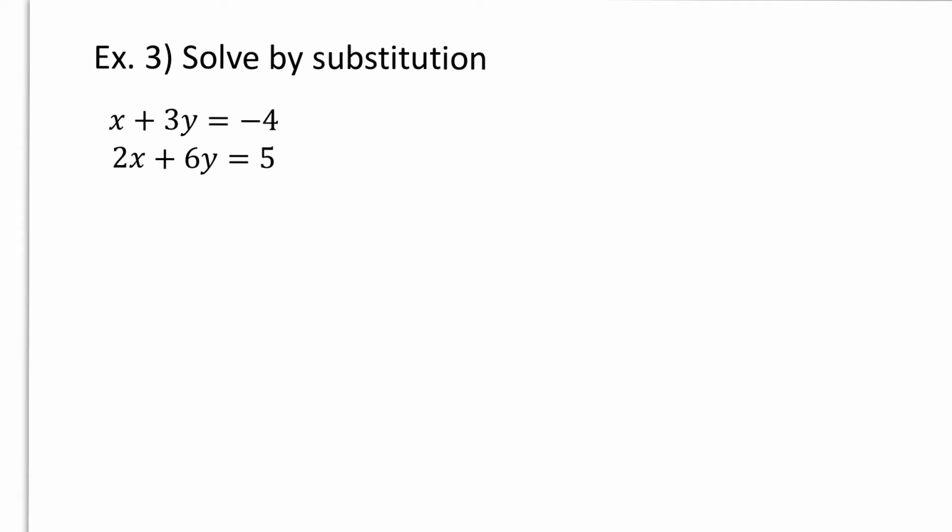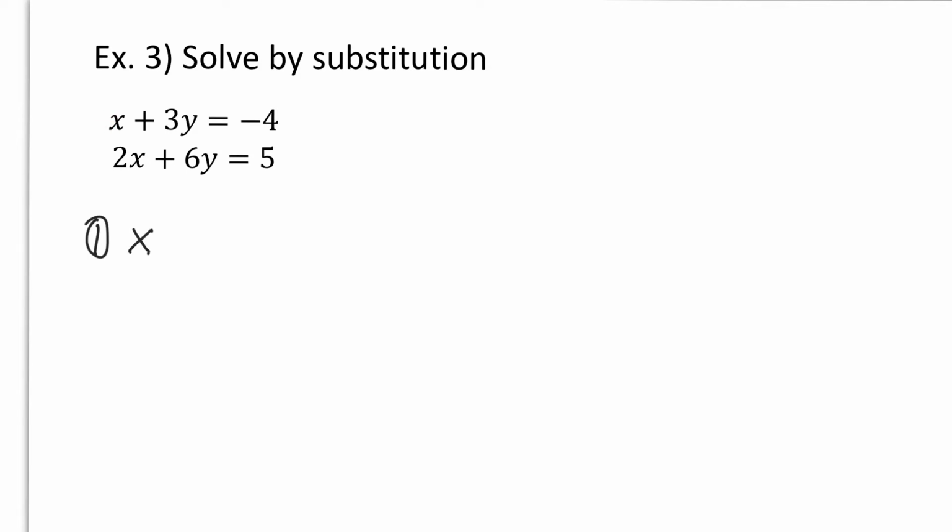So you start just like the basic steps that I showed you, and also showed you in the previous video. Step number 1, you have to get one of the variables by itself. It's a lot easier if you always look for the variable that has a coefficient of 1. I notice x has a coefficient of 1, an invisible 1. So I'm going to solve for that variable.